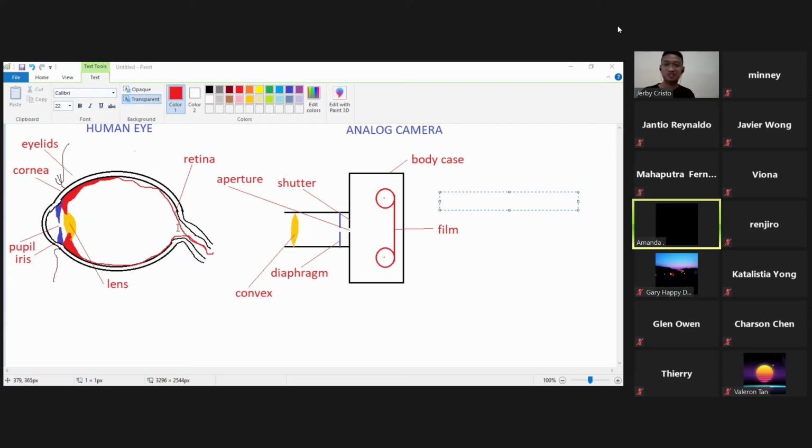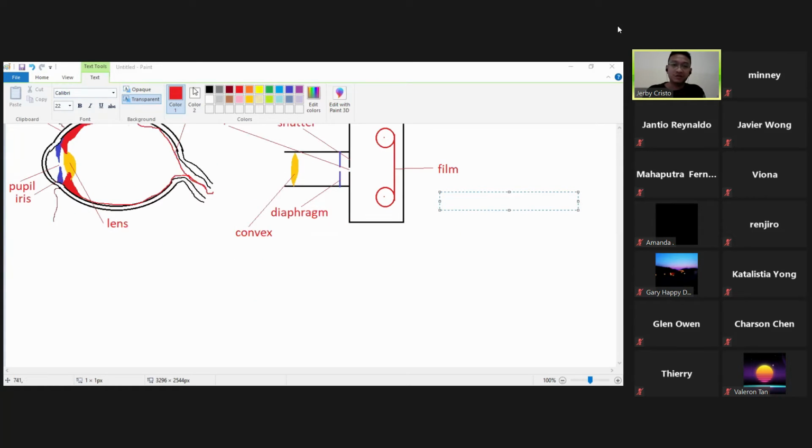The eye will become very sensitive. Or the worst is, it will also cause blindness. Okay, so not receiving light or too much amount of light can cause blindness. So that's how sensitive the retina is.